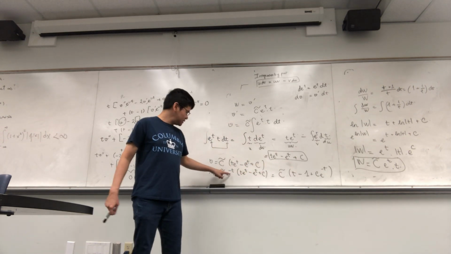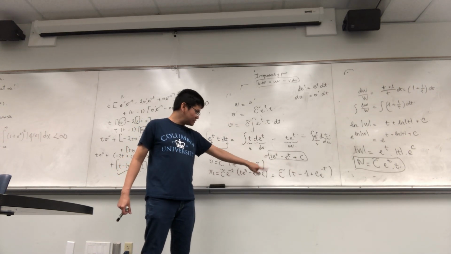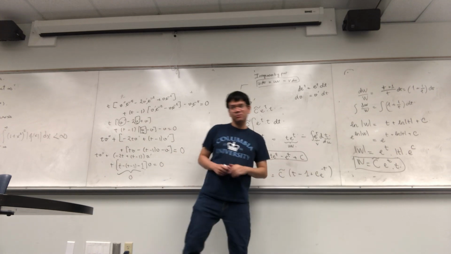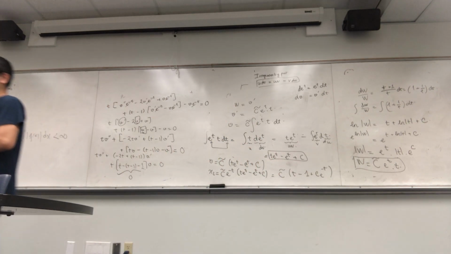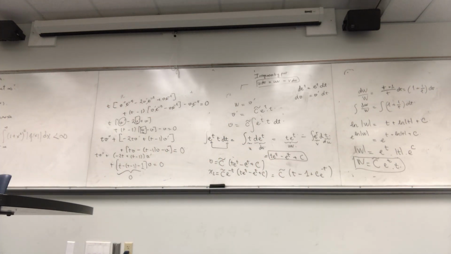I get minus 1 because e^(-t) times e^t is 1, and the last term is c e^(-t). Questions? Right. So the second problem is to find the second solution using the first solution, and this is the reduction of order method. Questions? Okay.